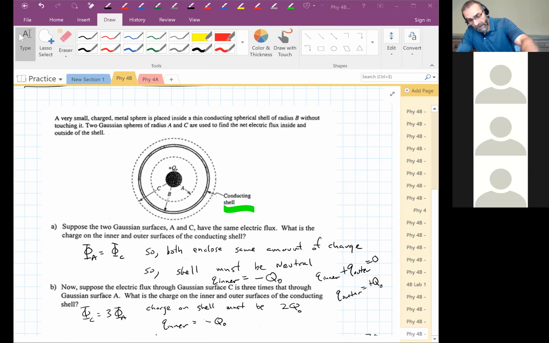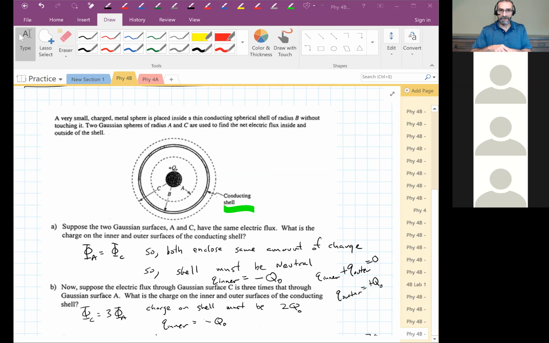Question about, can you think of it? Yes, the innermost surface is always equal and opposite to everything inside of that cavity. And the outermost surface is equal to the net charge of everything, the shell plus everything inside of it.